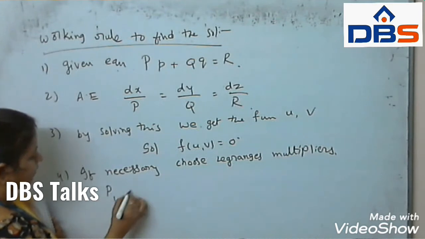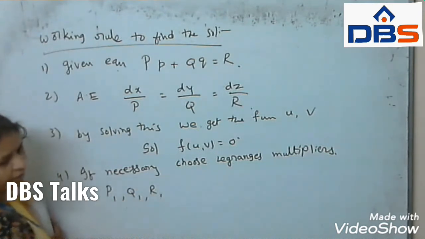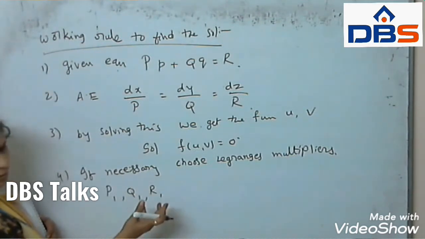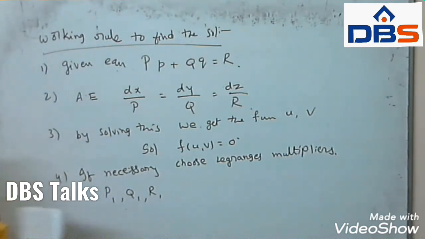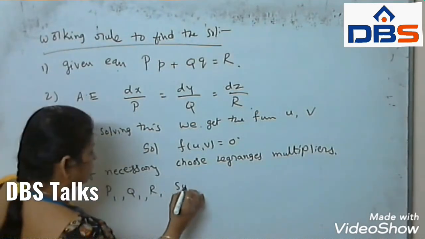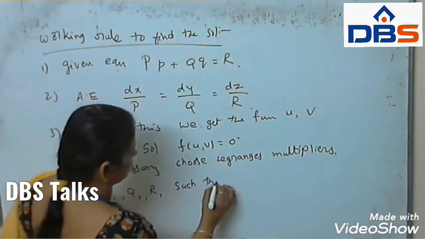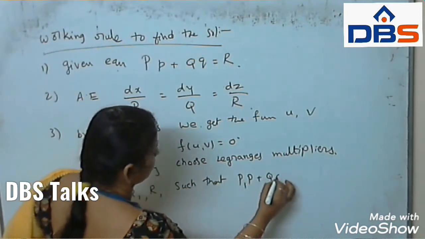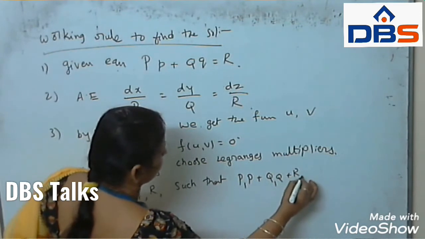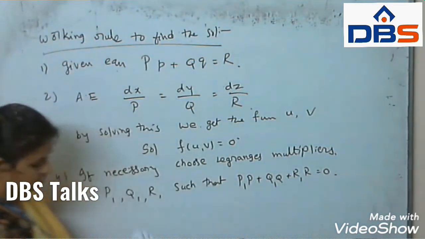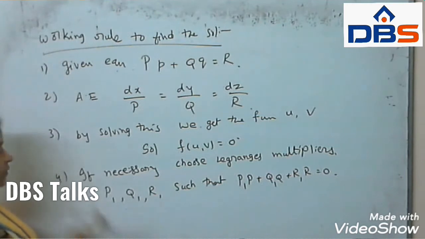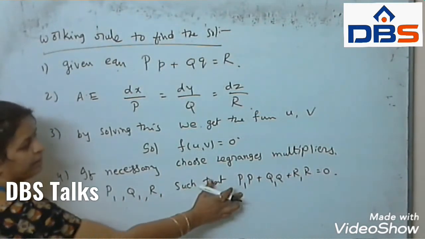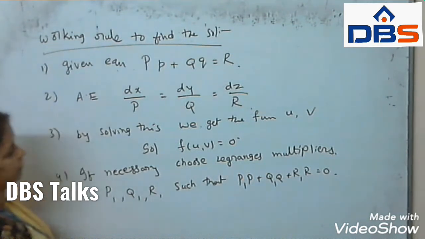Lagrange's multipliers P1, Q1, R1, where P1, Q1, R1 are functions of x, y, z or maybe constants, such that P1P plus Q1Q plus R1R equal to 0. So, you have to select P1, Q1, R1 such that P1P plus Q1Q plus R1R equal to 0.